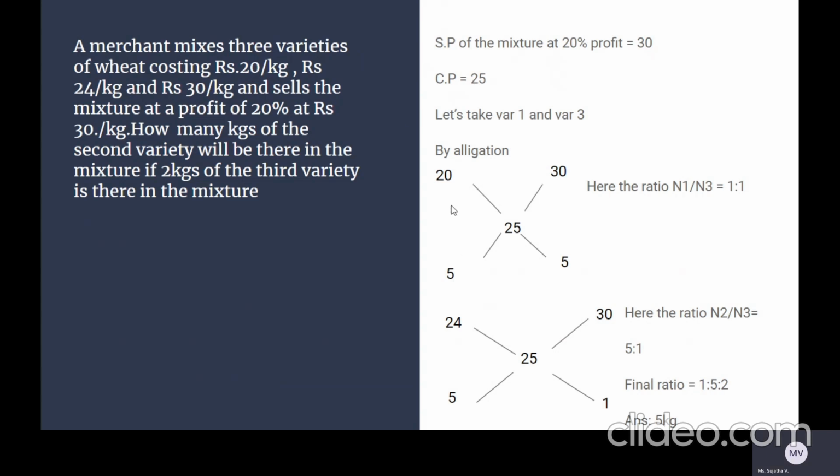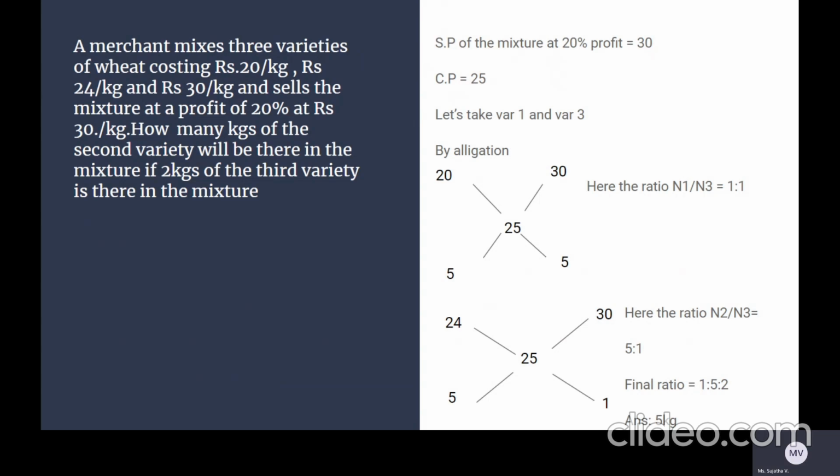So I have 20, 30, 25. Here you know how to do the alligation. I got 5:5, the ratio is 5:5 or 1:1. This is the ratio between N1 and N3, since I took 20 and 30. Remember, the final ratio that you get is always the ratio of quantities.